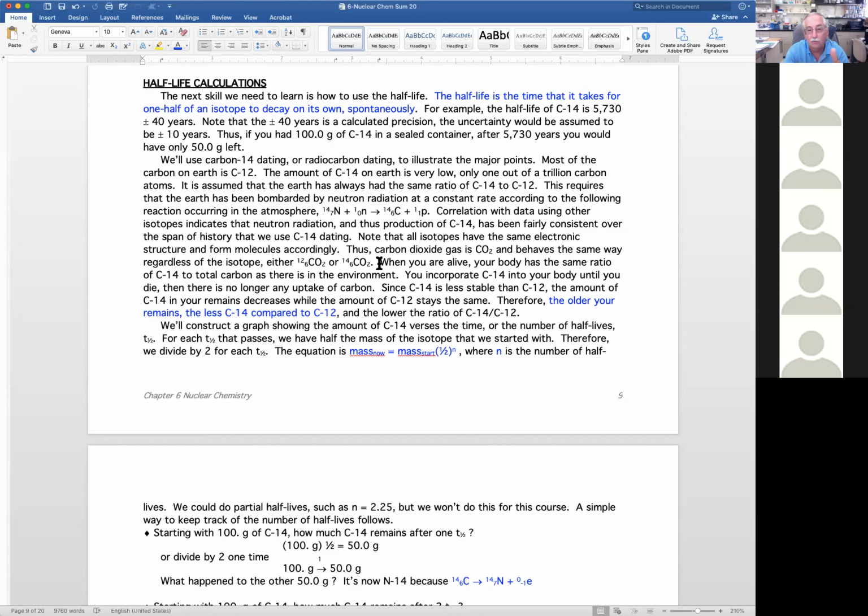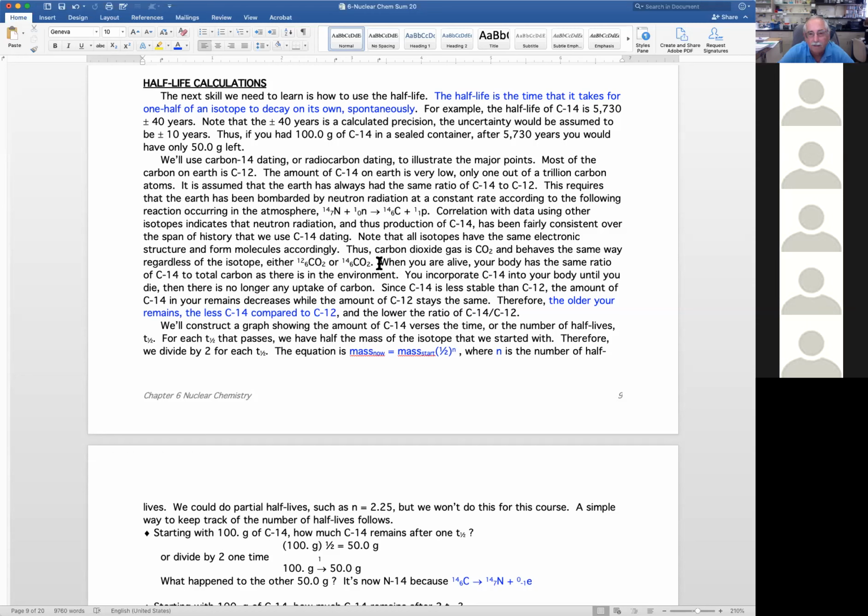So now here's how it works. When you're alive, your body has the same ratio of carbon-14 in it as does the environment that you live in, because you essentially are eating your environment. You build up your body with atoms from the environment. So you're incorporating carbon-14 into your body, and then when you die, you are no longer bringing carbon into your body.